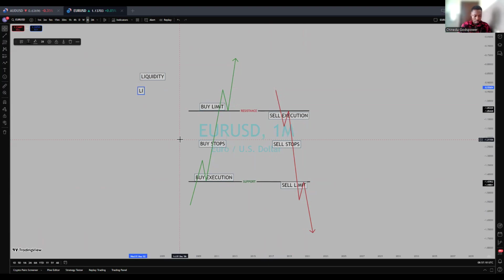Liquidity are where orders are resting in form of stop hunts. You understand? So where orders are resting, what smart money does is they go there to hunt these prices.